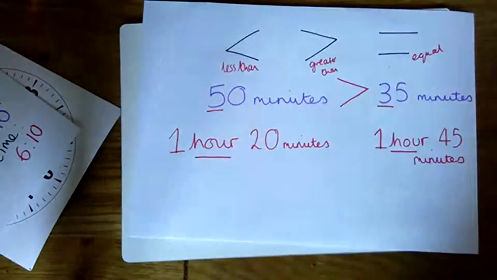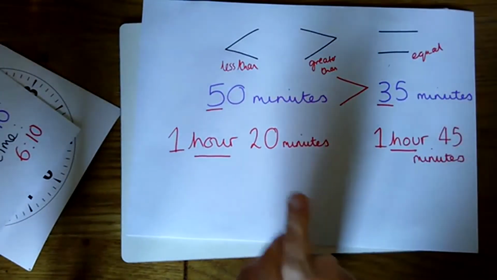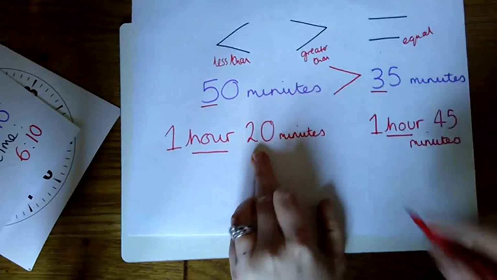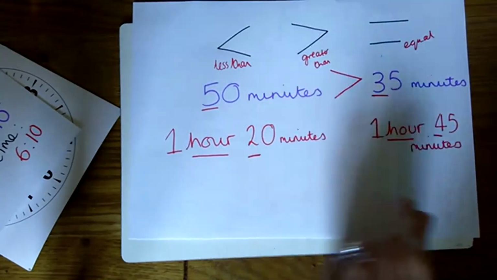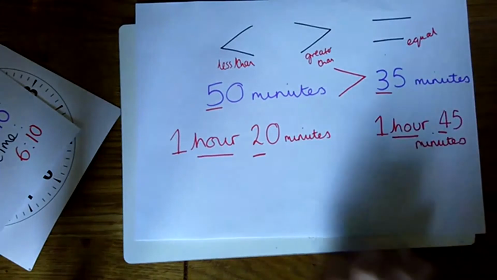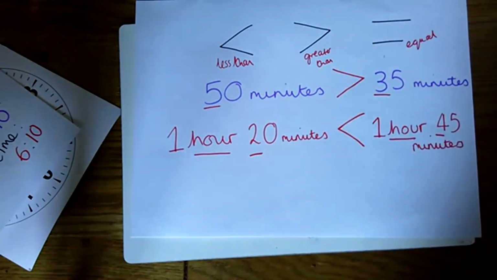So 1 hour and 1 hour is the same amount of time. 20 and 45. Remember we're looking at our tens column first, is 2 tens larger than 4 tens? No, it's not, it's smaller. So 1 hour 20 is a shorter period of time than 1 hour and 45 minutes.